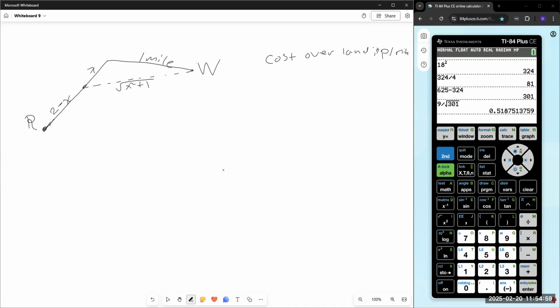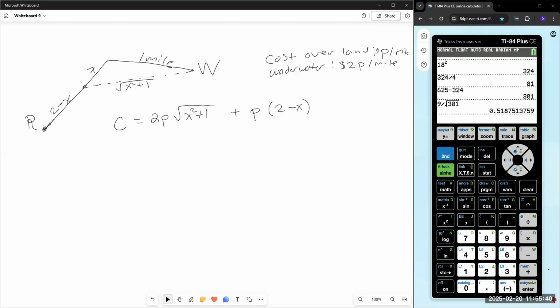And underwater is going to be twice as expensive. So 2 times P dollars per mile. So let's go ahead and say that our total cost function here is going to be 2P times that distance there plus P times this distance here.